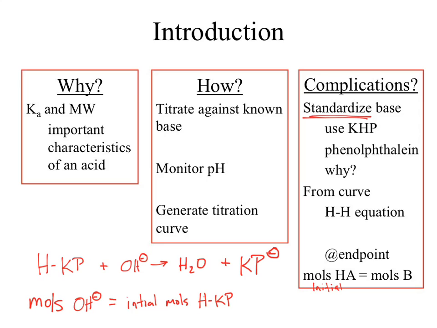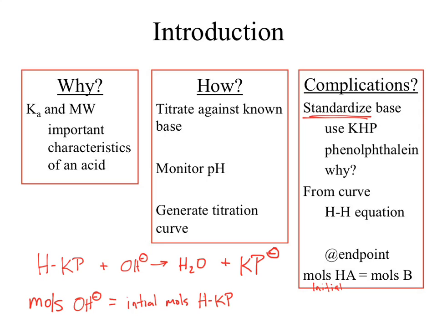What relationship can we get if we know the mass and moles of an individual species? We can get the molar mass, or the molecular weight. Okay? So our end point gives us our molecular weight. Our half equivalence point, which we'll talk about, gives us our pKa, or our Ka value.